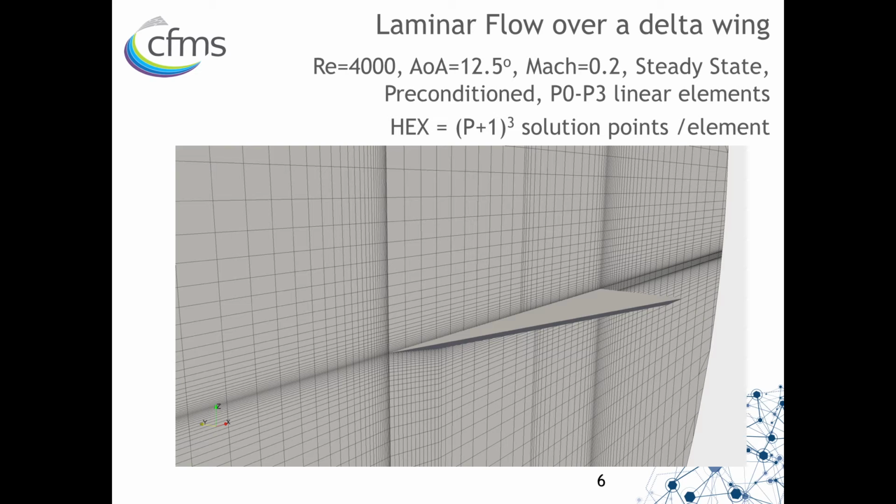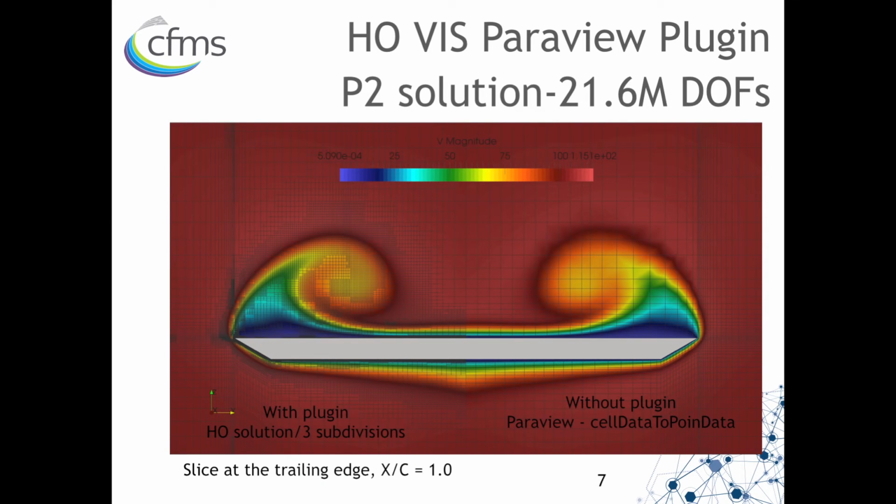In order to visualize the high order data, we've made use of the high order visualization ParaView plugin, which was mainly developed by Sebastian Blaise. The main idea behind the plugin was inspired by Gmsh, where the polynomial is queried at the solution points, and the mesh gets subdivided based on the relative error between the neighboring cells.